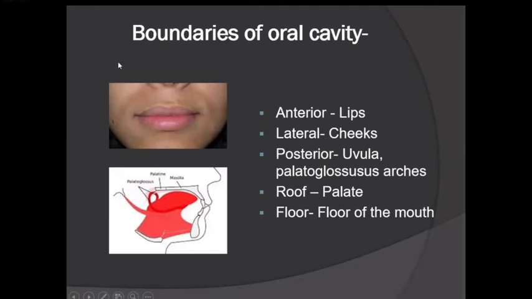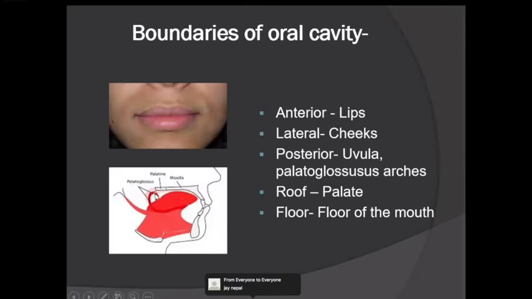Okay, now talking about the boundaries, there's an anterior boundary, lateral boundary, posterior boundary, and it has a roof and also a floor. Now, the anterior boundary is formed by the lips, and the lateral boundary by the cheeks. If you look at this diagram, you can see here the posterior part of the tongue.